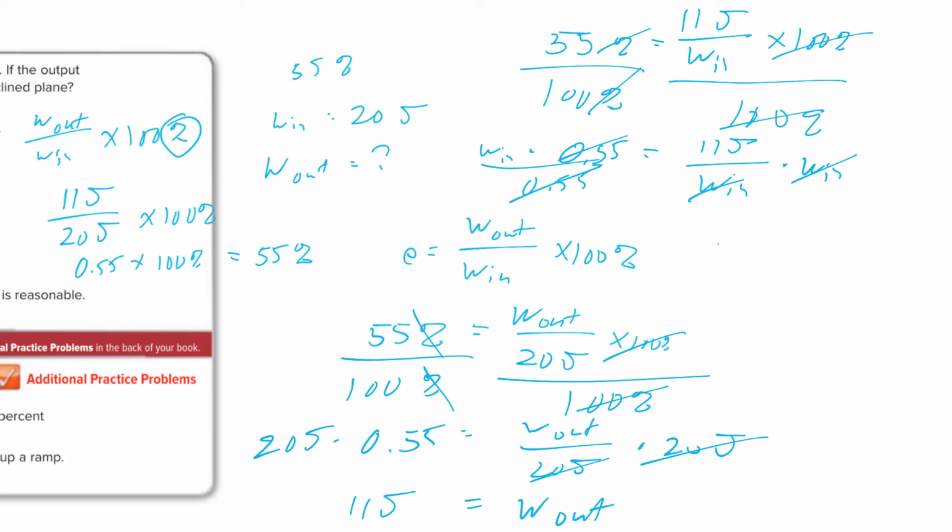So what you end up with is work in is equal to 11 joules over 0.55, and you take 11 divided by 0.55, and you should get 20 joules.